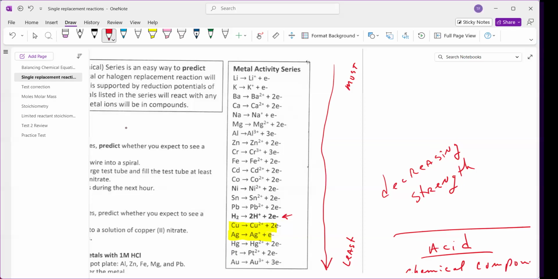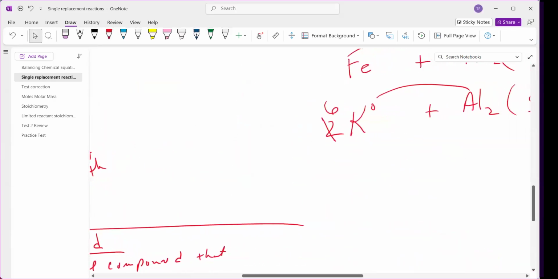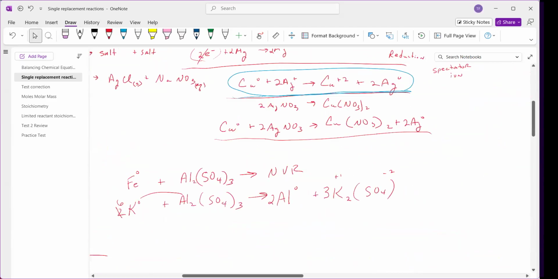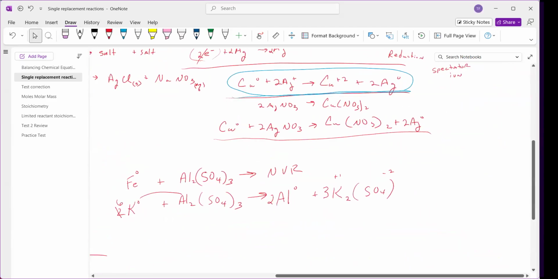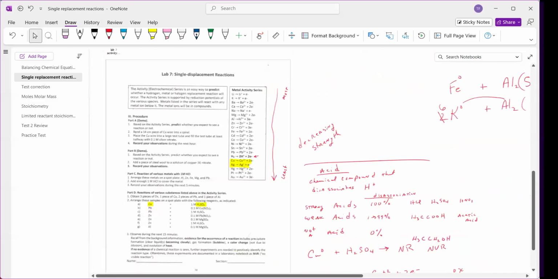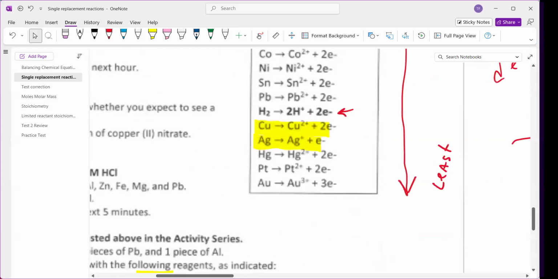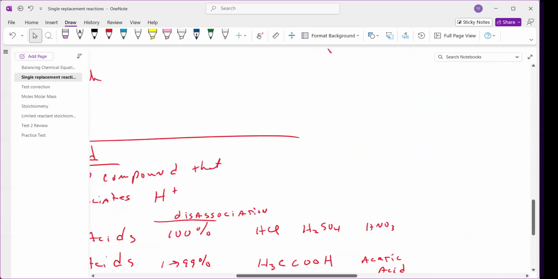So to answer the question, this reaction over here, we need to find copper and silver on the reactivity chart. Okay, notice the copper is at the top, silver is at the bottom. So copper wants to be oxidized more than silver.